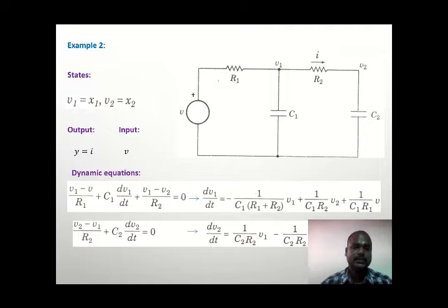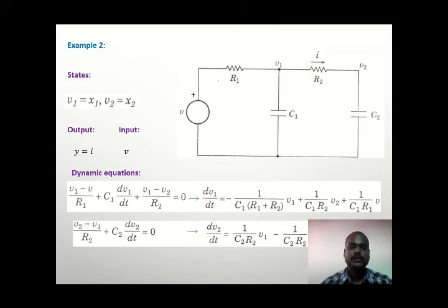The dynamic equations can be obtained accordingly. Here we can see these two dynamic equations. This is for the state V1, this is for the state V2, and after separating out the variables, we can see that the first equation depends on the input voltage V, which can be observed from this first group, and the second equation does not depend on the source voltage.